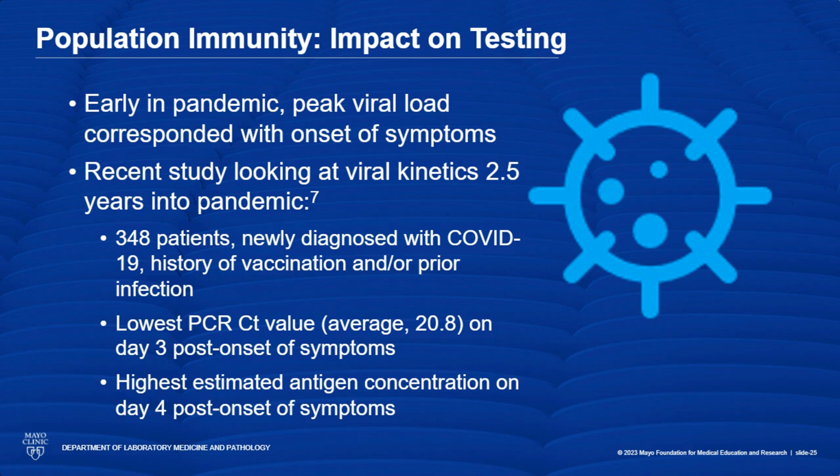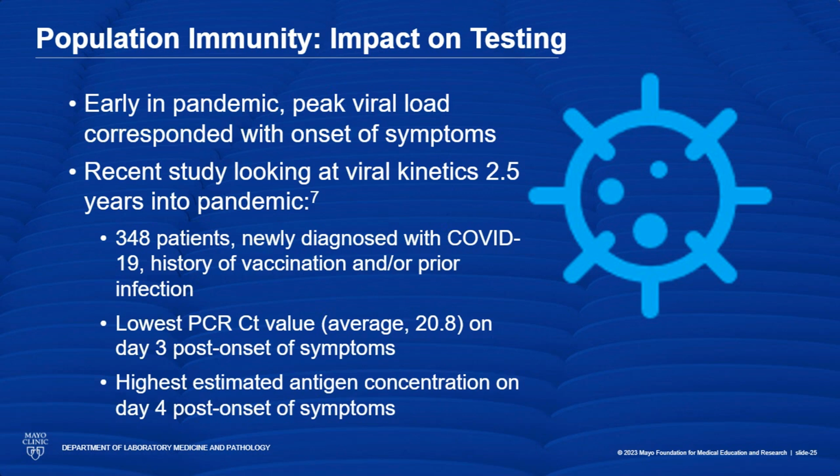And what did they find? This study demonstrated that the lowest PCR cycle threshold values were achieved 3 days after the onset of symptoms. So that means the highest amount of virus, leading to a low PCR CT value, wasn't occurring until a patient was, on average, 3 days into their illness.